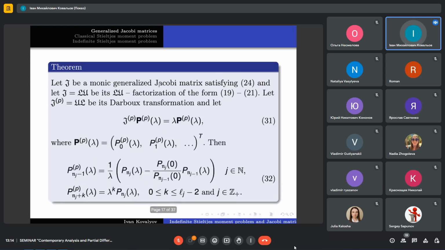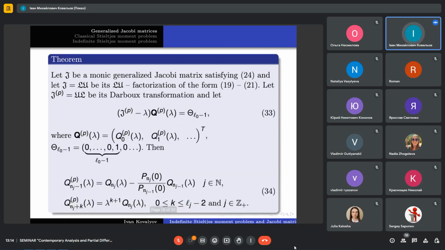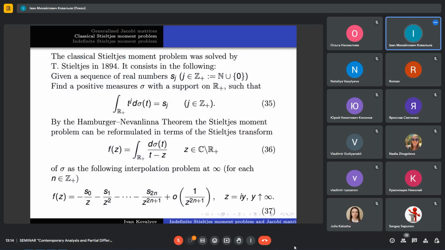Moreover, formula 32 is called a generalized Christoffel formula. So this block is end.